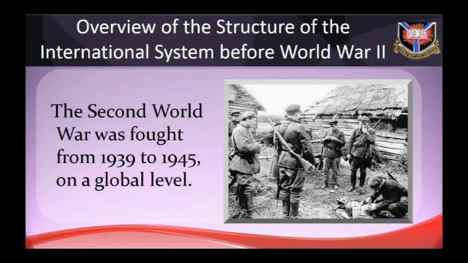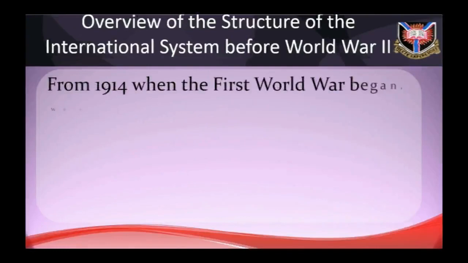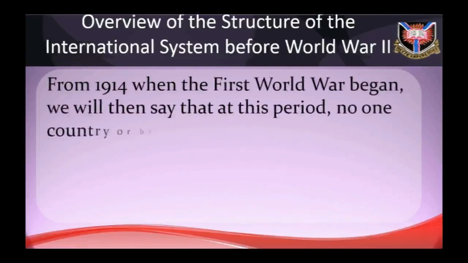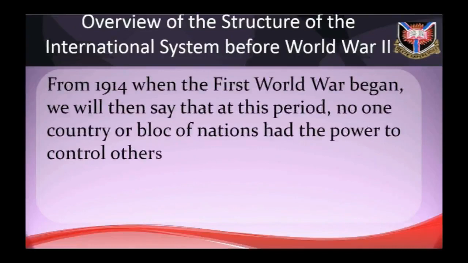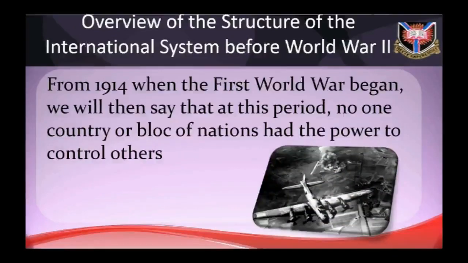If we can start this brief overview from 1914, when the First World War began, we will then say that at this period, no one country or bloc of nations had the power to control others.